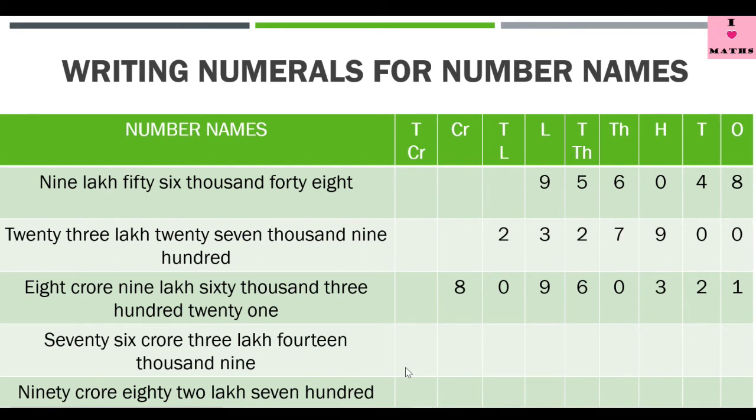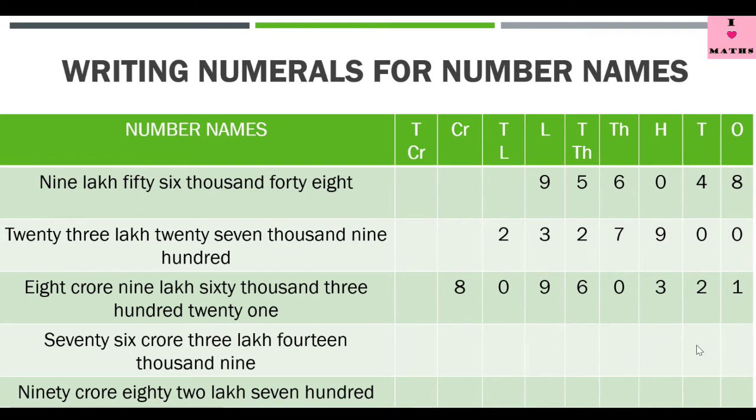So now children, no column will stay empty. 7 will come in 10 crores column. 6 will come in crores column, making it 76 crore. 0 in 10 lakhs column again, and 3 in lakhs column will make it 3 lakh. 14,000. 1 in 10 thousands column and 4 in thousands column will make it 14,009.